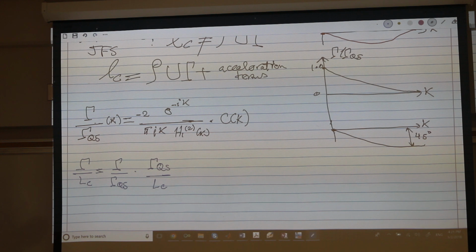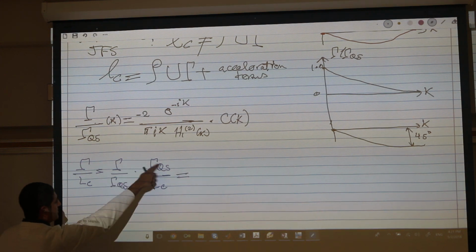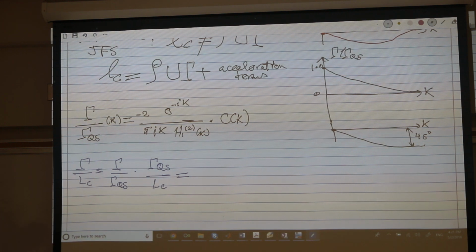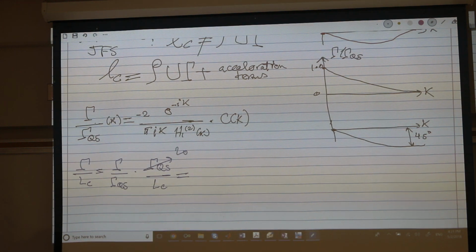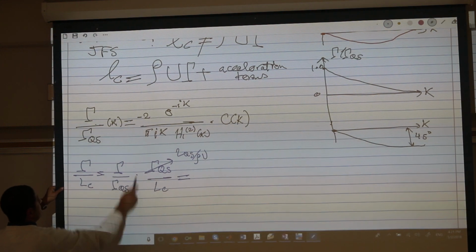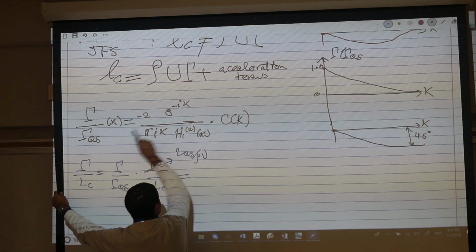And maybe we'll have rho u somewhere, because this is lift quasi-steady over rho u, anyway, just to make it clear. So gamma over gamma quasi-steady is this guy.